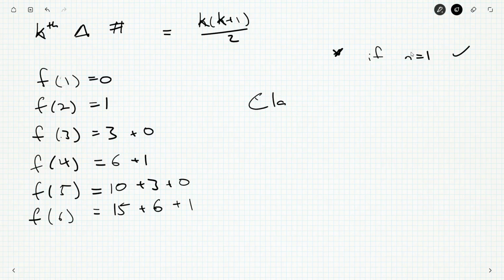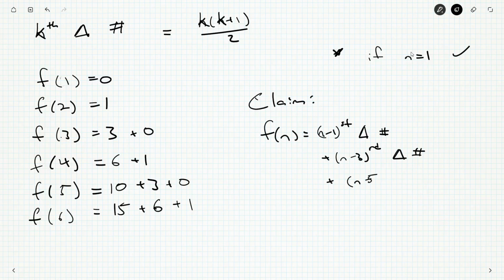So here's my claim. This is what I think. I claim f of n equals the n minus first triangular number plus the n minus third triangular number plus the n minus fifth triangular number plus all the way down to, it's either going to be plus 1 if n is even, or plus 0 if n is odd.